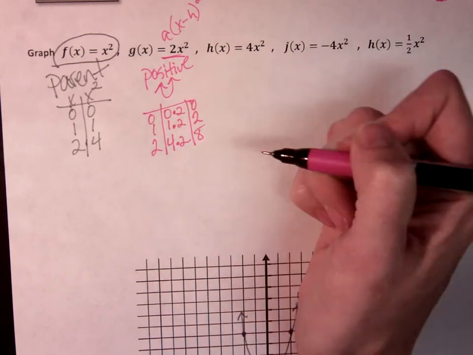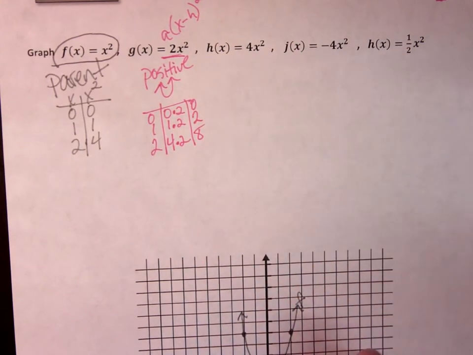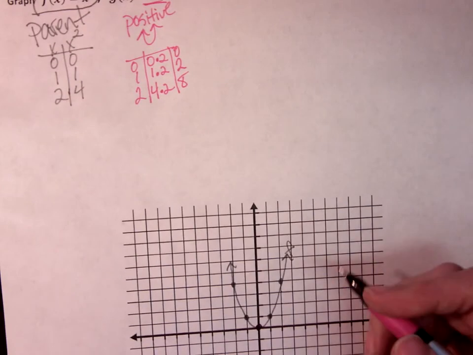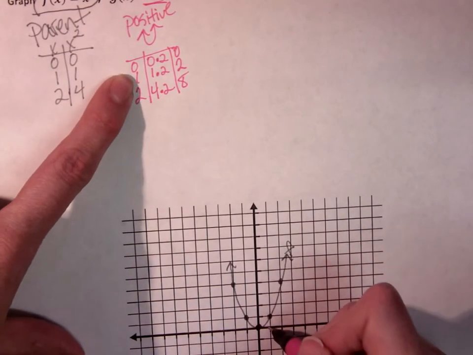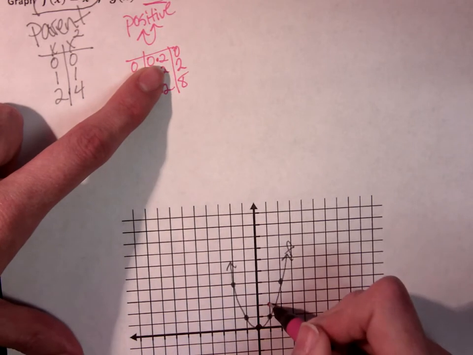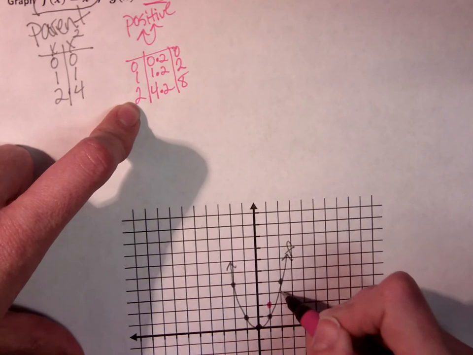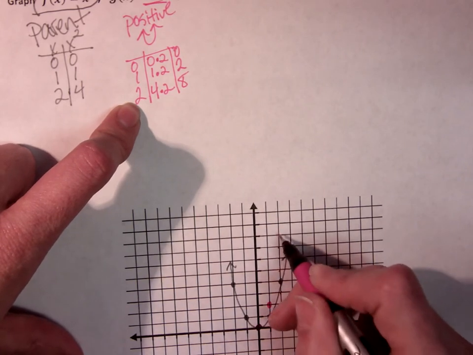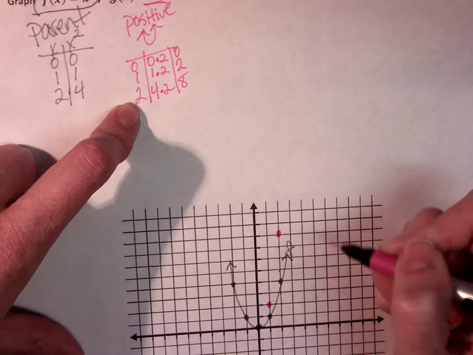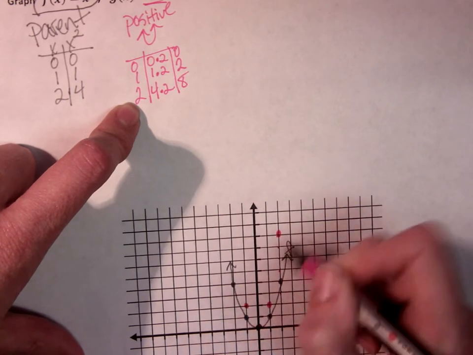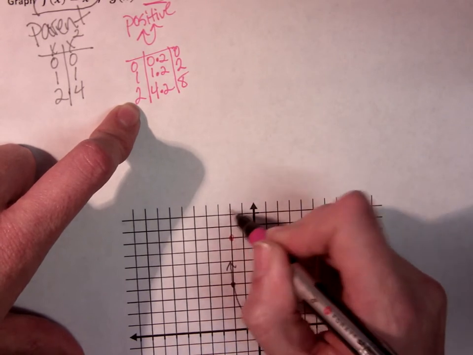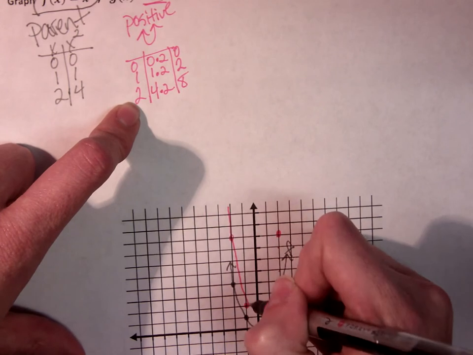to 8. So I'm still going to my 0, 0 because we haven't moved anywhere. But now we're going to go over 1 and up 2. Over 2 and up 1, 2, 3, 4, 5, 6, 7, 8. When we reflect those across, it's a little easier to see that this parabola is much more narrow.